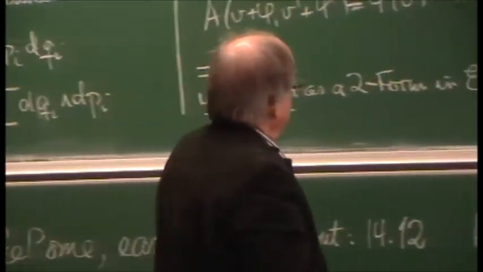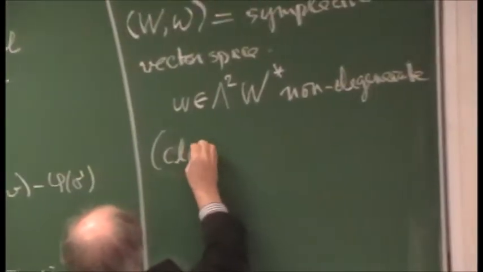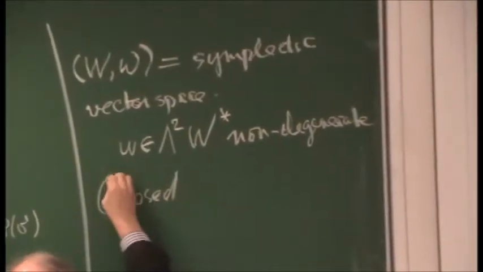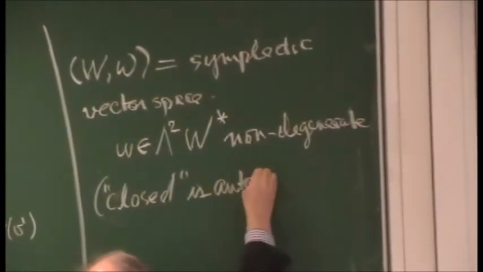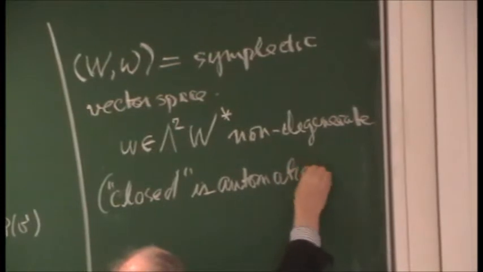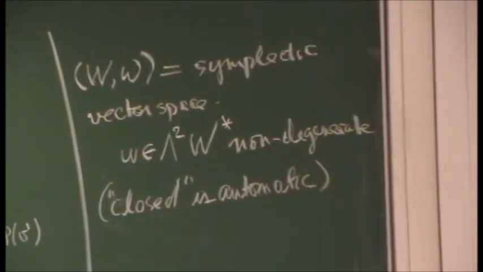Fine. So closed is automatic. So this is an example of a symplectic manifold, but it's a symplectic vector space, so it's a vector space together with a real vector space, or in this context, the vector space could be complex, but not real.